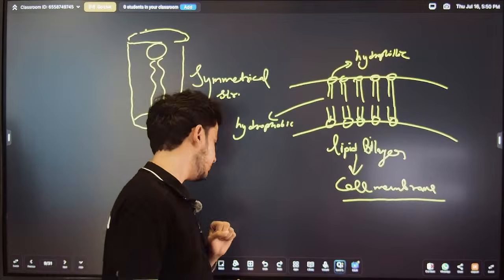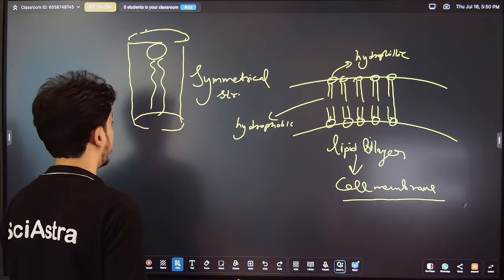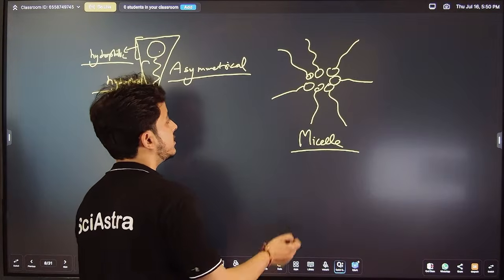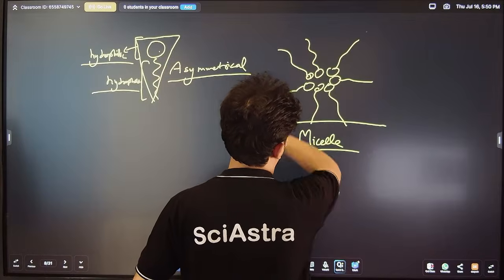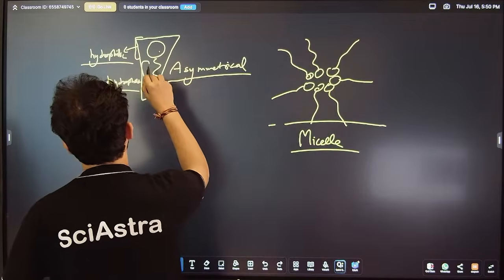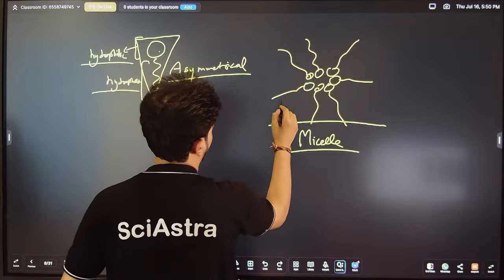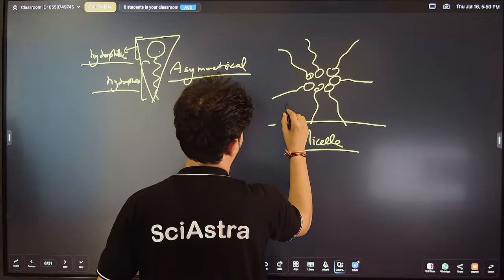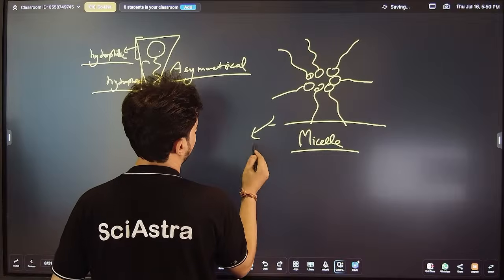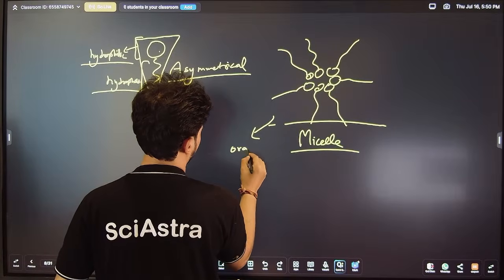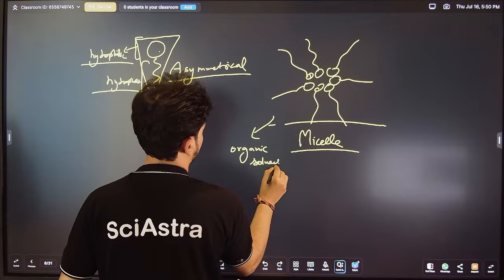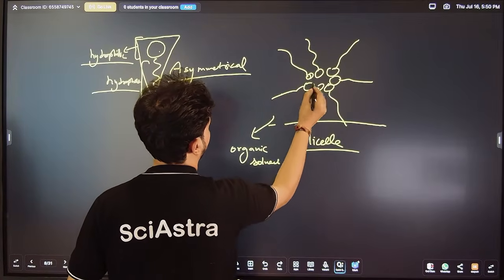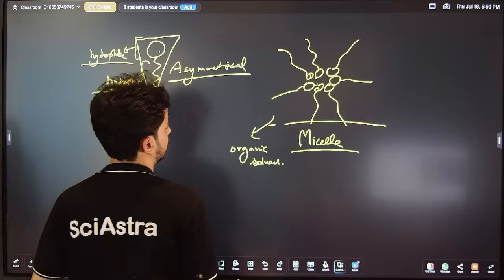But that is one thing. The other thing is, as you saw, if you are putting this whole micelle kind of thing, here it will not be interacting with the water. This is the case with the organic solvents, right? If you have any organic solvent which is also non-polar, then this part can interact there and the aqueous environment will survive.